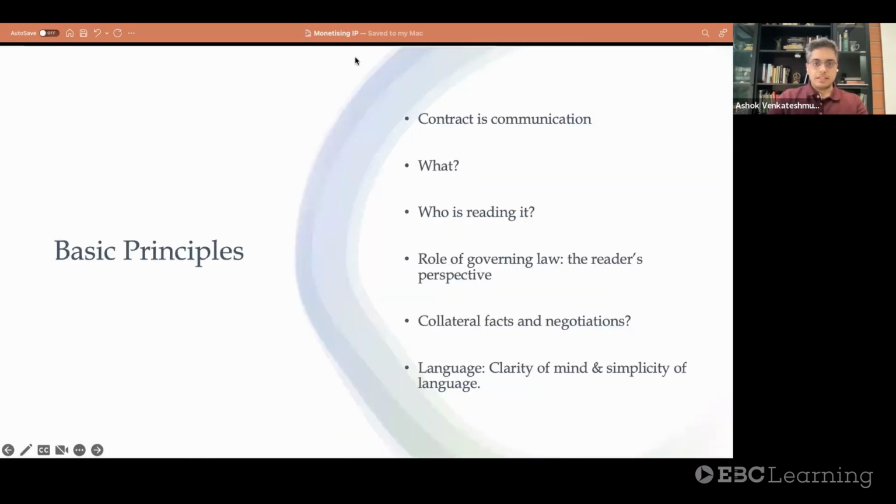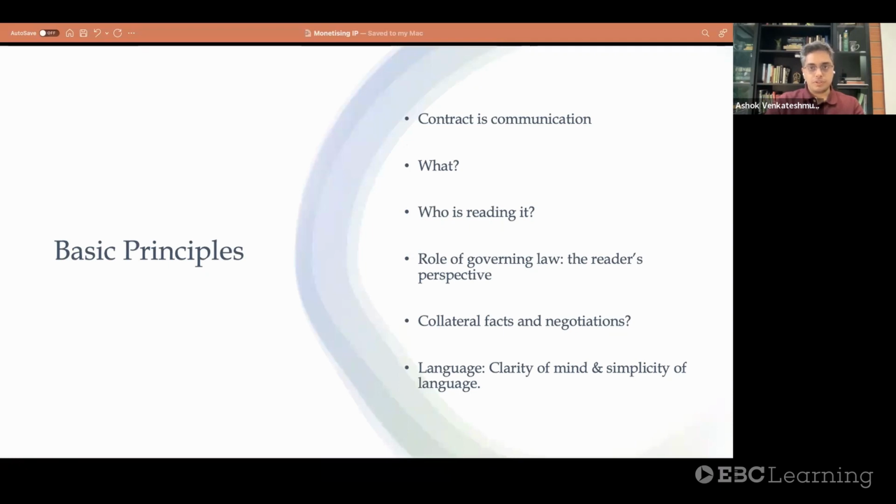Let's take a look at what the basic principles are. What we have to first remember is that contracts, first and foremost, serve the objective of communicating something.